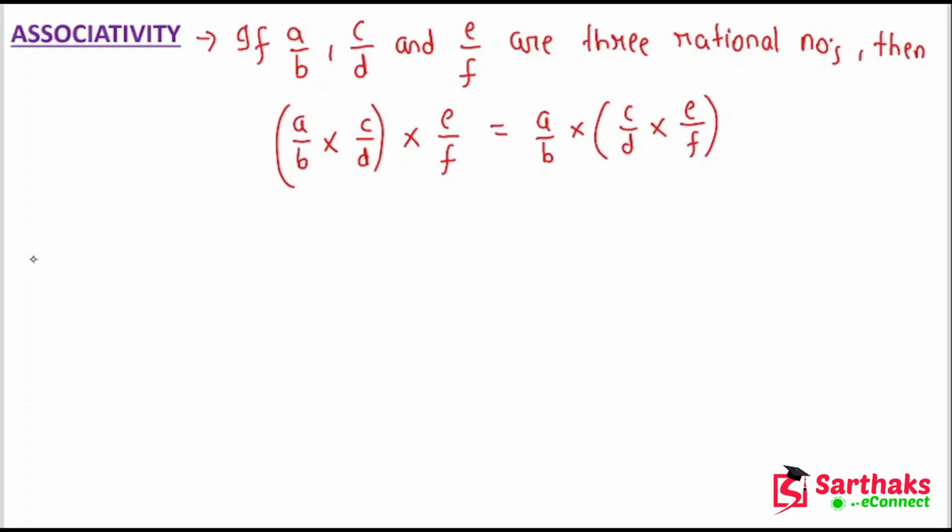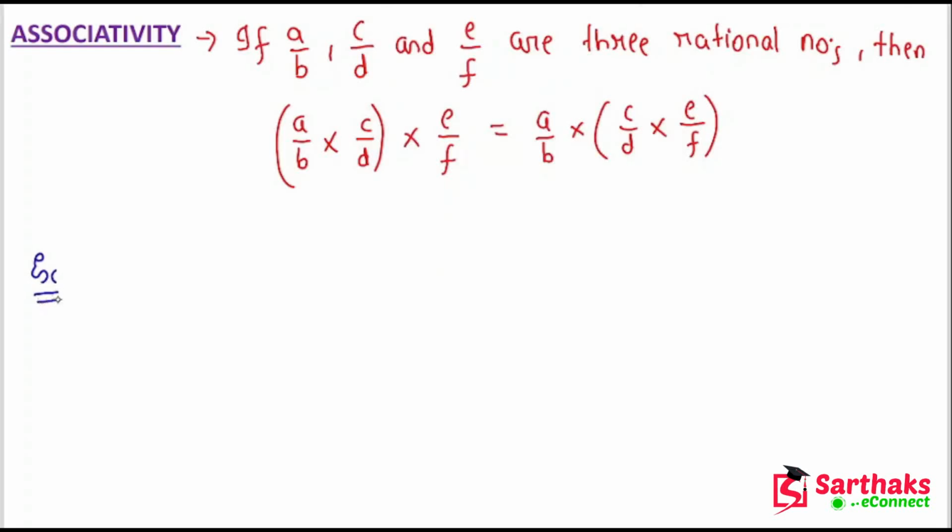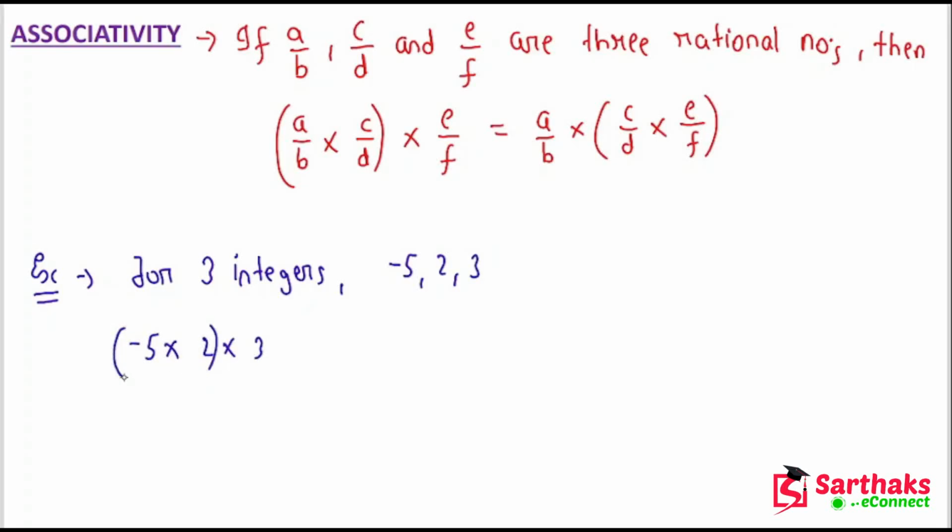Let us verify it. For the sake of simplicity, let me take an example of integers just to tell you what associativity is, and then we can take the example of rational numbers. Example: for three integers, -5, 2, 3, if we multiply the first two first, -5 into 2 into 3 is equal to -10 into 3, equal to -30.